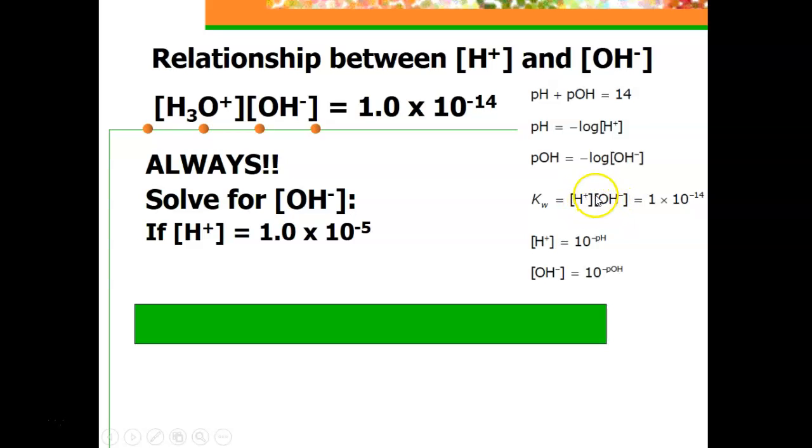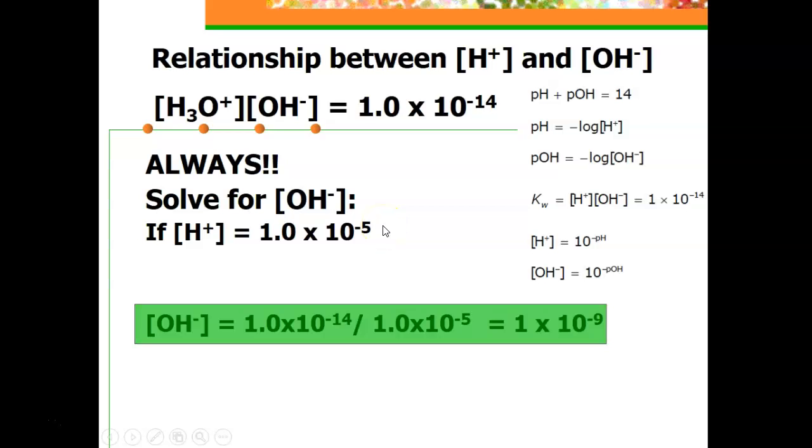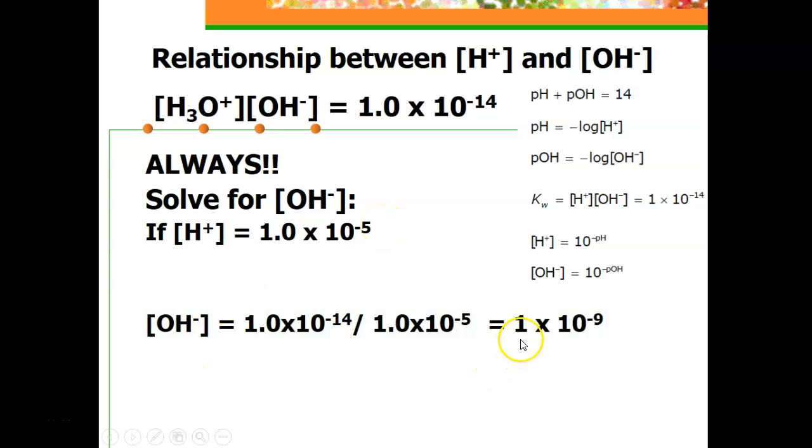They're being multiplied together, so how do you isolate that variable? You divide by hydronium on both sides. So therefore, hydroxide is equal to 1 times 10 to the negative 14 divided by 1 times 10 to the negative 5. And that will give you an answer of 1 times 10 to the negative 9, which is your hydroxide concentration. All right?